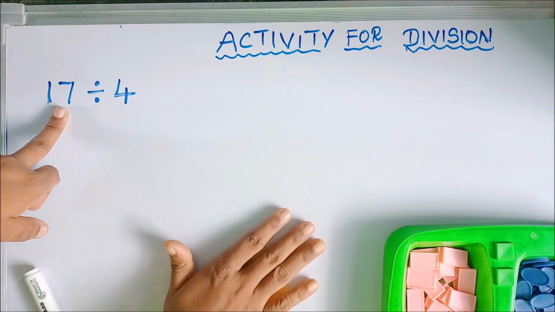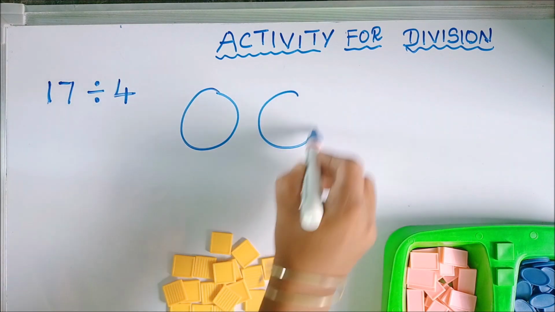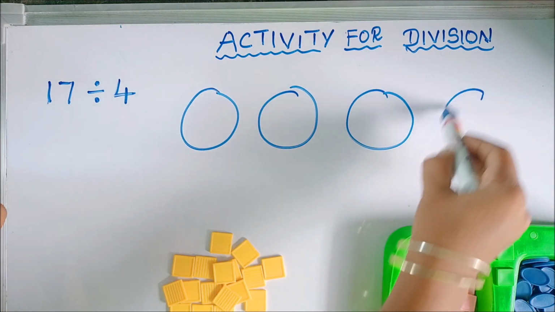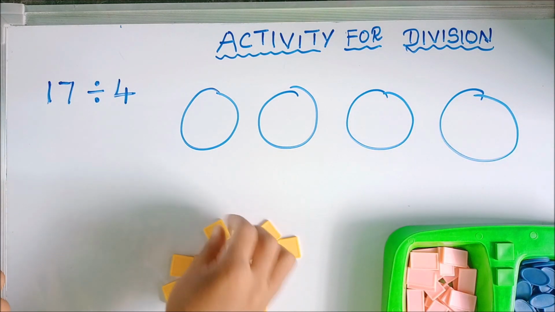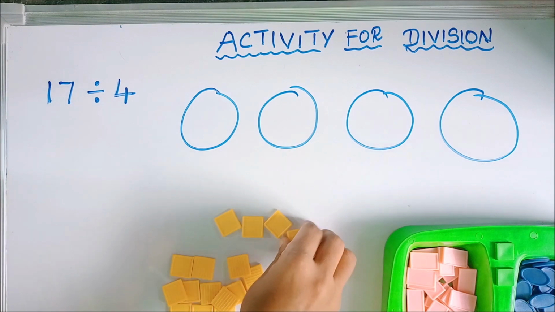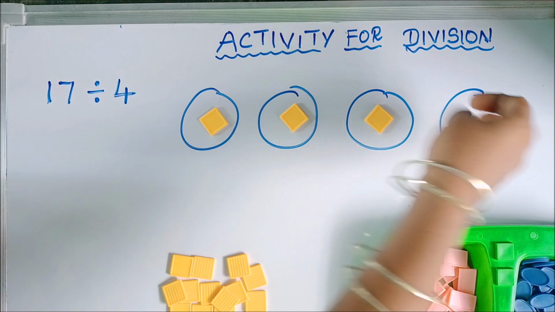Now we have to divide this 17 shape into 4 equal parts. 1, 2, 3, 4. For that, first you have to take 4 pieces because we have the divisor as 4. So take 4 pieces and give 1 to each part.